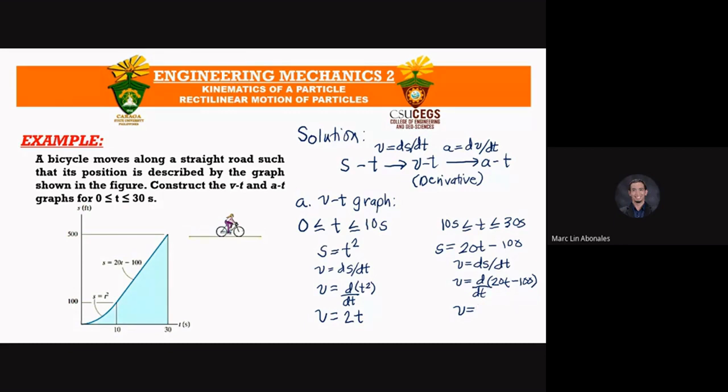When you take the derivative of a constant, the basic rule is that the derivative of a constant is equal to 0. So later, when we construct the AT graph from the equation of velocity, v is equal to 20, which is constant, the acceleration we will solve later would be equal to 0.